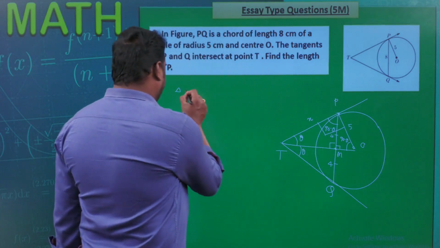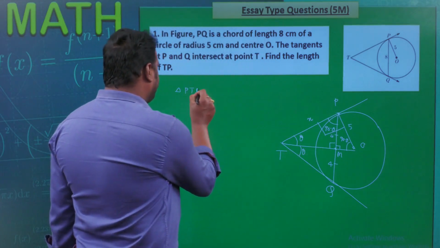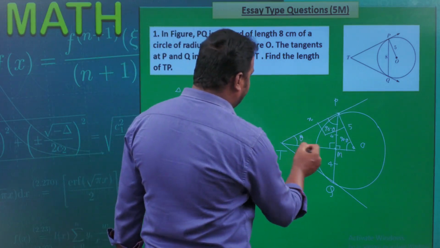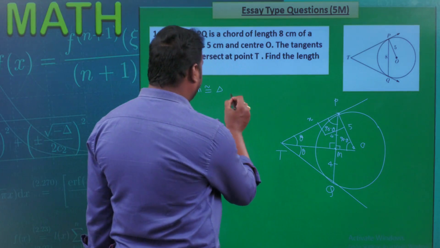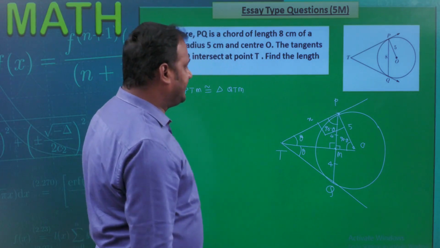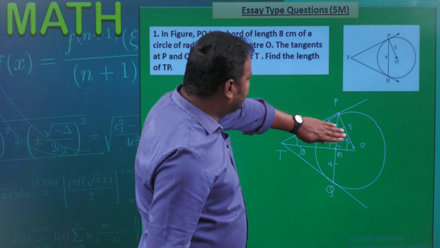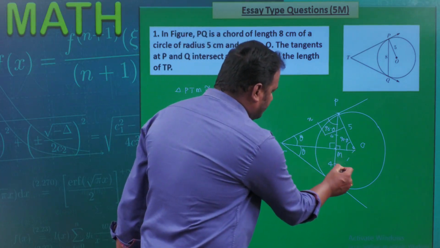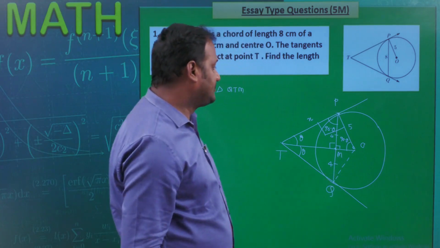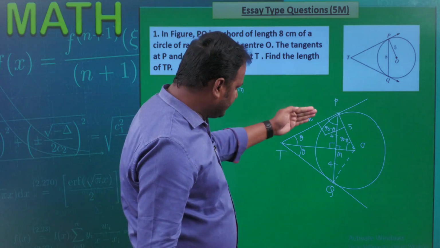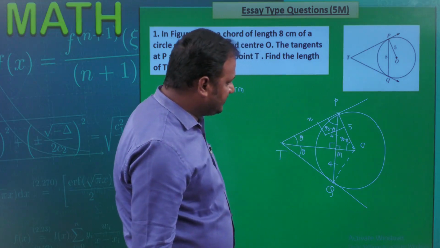First of all I will just write everything here. Triangle PTM is congruent to triangle QTM. By which congruency criteria? Already you proved that this entire triangle is congruent to this entire triangle when I join O and Q, by RHS congruence. Then by CPCT you can say that this angle is equal to this angle, this side equal to this side, and this is the common side for both triangles.